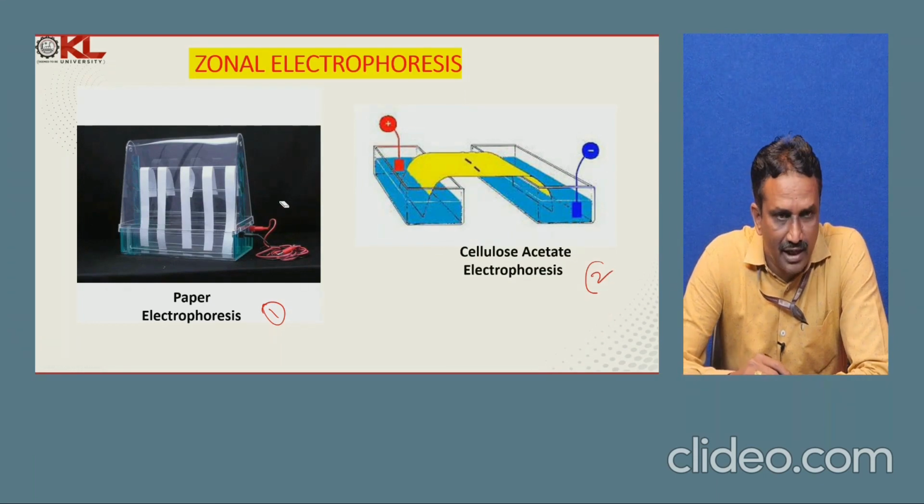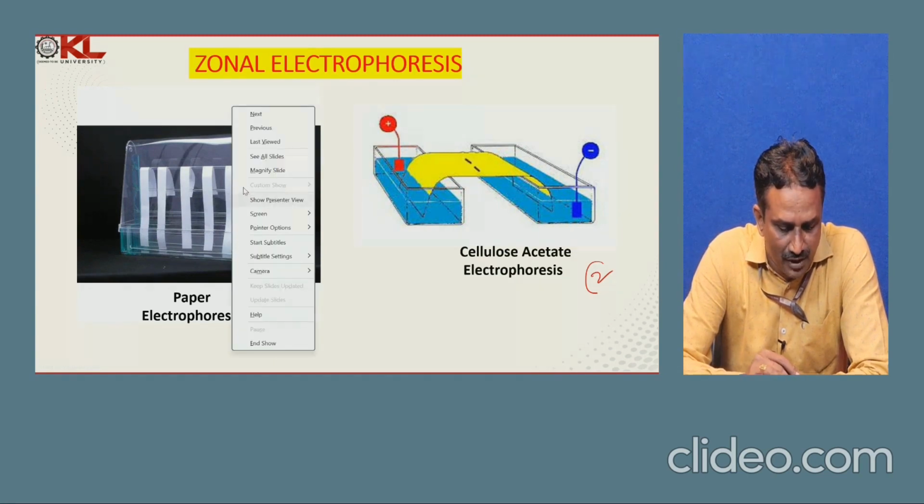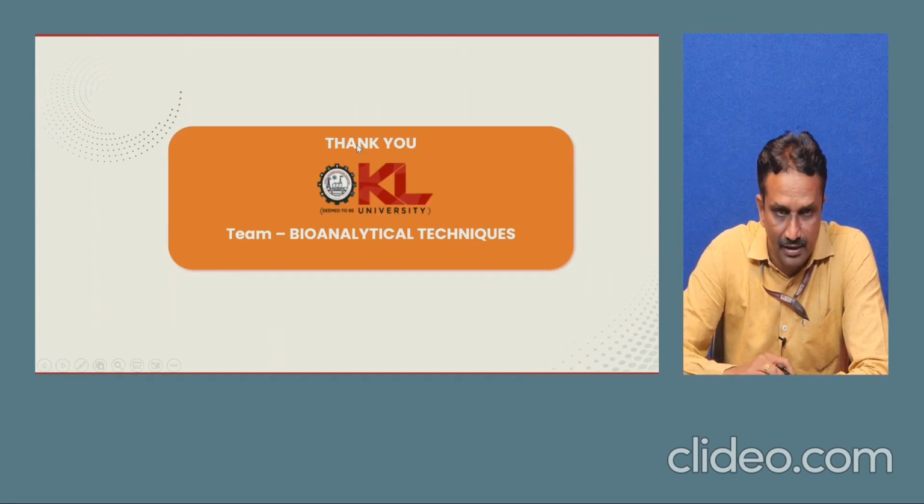Now you can see the diagram where a paper is hung over, where one end of the paper is dipped into the buffer solution and the other is hanging on a single string, and you load your sample at one end and it moves from one end to the other end.